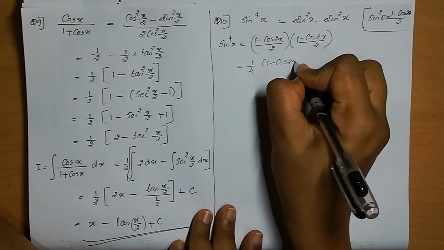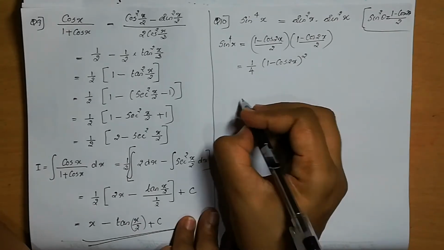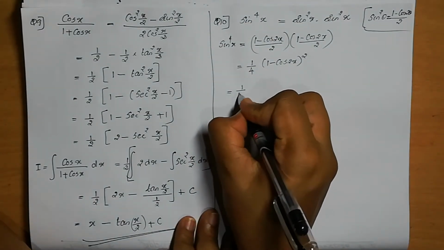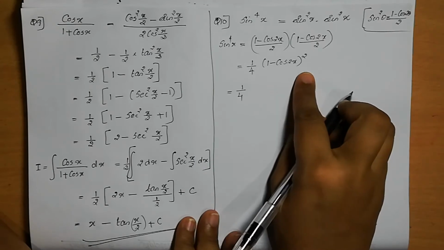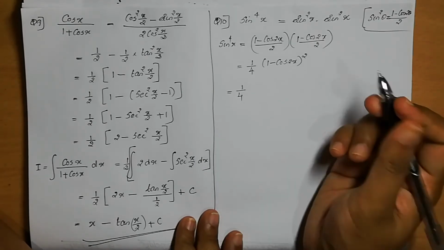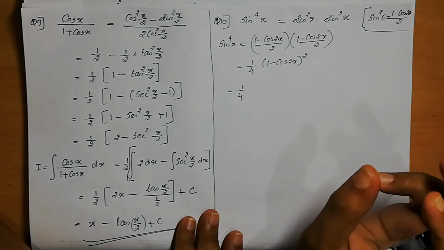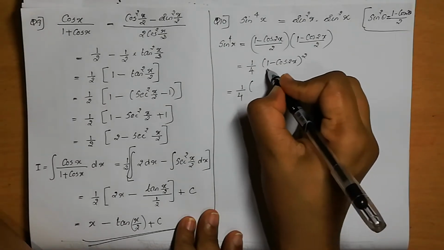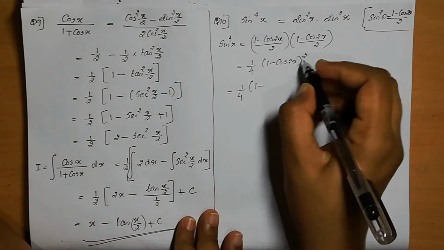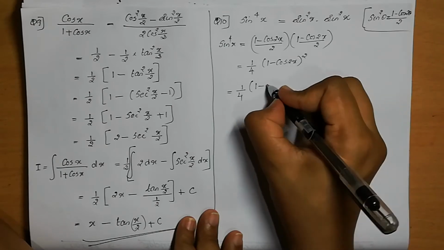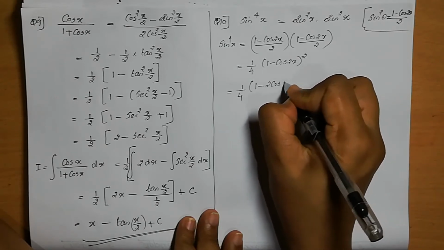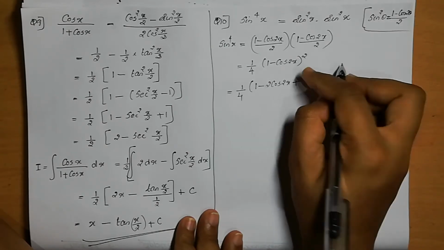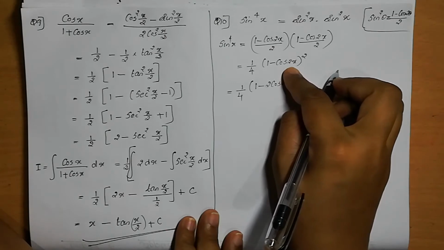Now this is in the form of a minus b the whole square, so a minus b the whole square is a square minus 2ab plus b square, right? That means here a is 1, 1 minus 2ab, 2 into 1 into cos 2x, 2 cos 2x, plus b square. B square is cos square 2x.